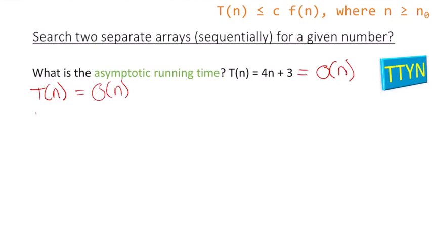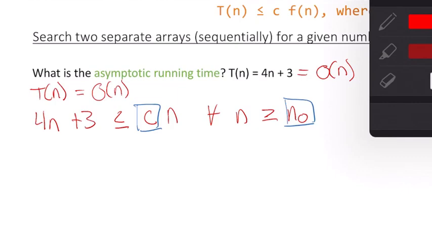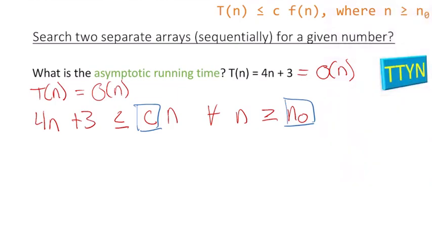Alright, well, what does that really mean? It means that 4n plus 3 is less than or equal to some constant times n for all values of n greater than or equal to n naught. And what do we have to find? We have to find a value for c and a value for n naught that makes this inequality hold, makes this inequality true. So I'll do what I did last time, which is sort of have this intermediate step.